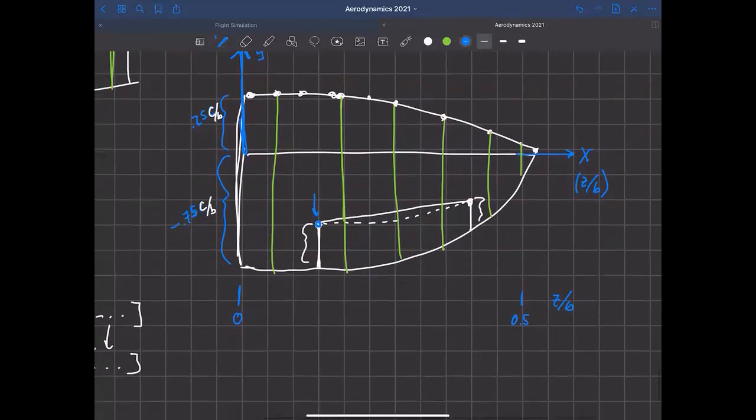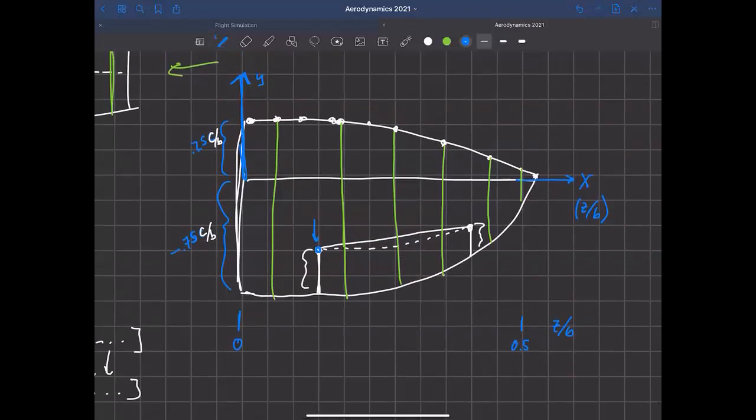And what we have to do though, see, we were given some distance out here. I'm going to call it Z over B1, so that's the location where this aileron starts.